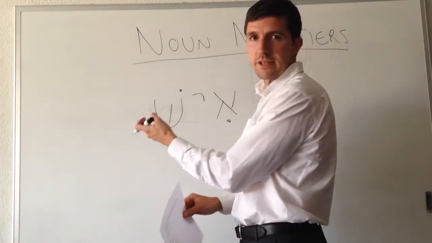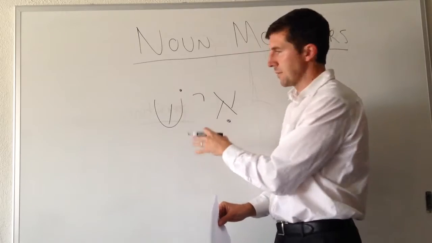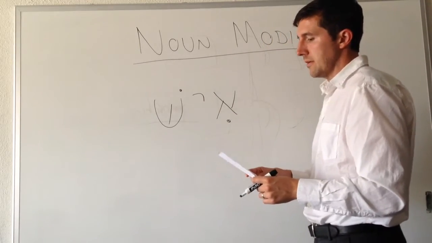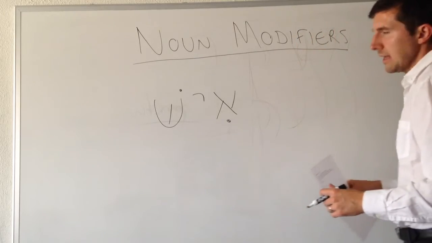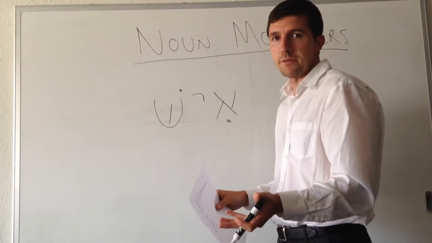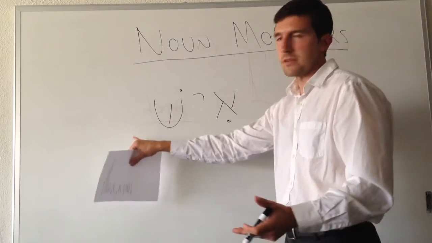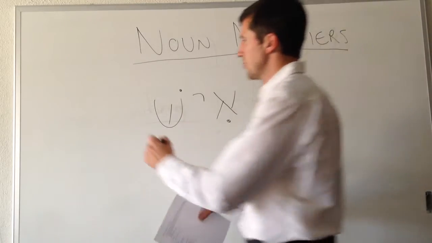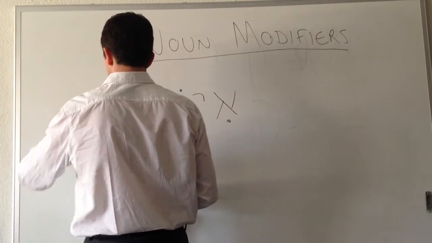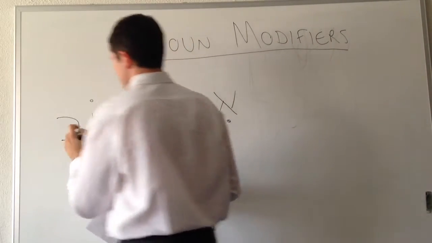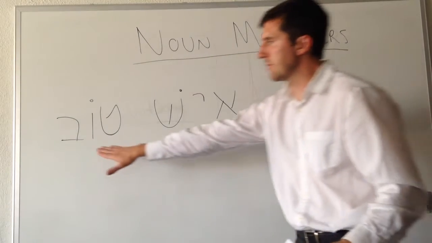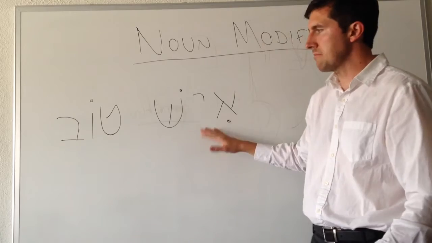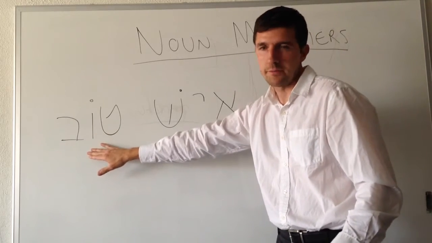So the way I just demonstrated to you with book, I'm going to demonstrate now with man in Hebrew. So let's say we wanted to say a good man. In English, we say good man first. In Hebrew, it actually comes after, much like many other languages, such as Spanish. So, ish tov. I hope that shows up on the video, if you can see over this far. Ish tov. So literally, man, good.